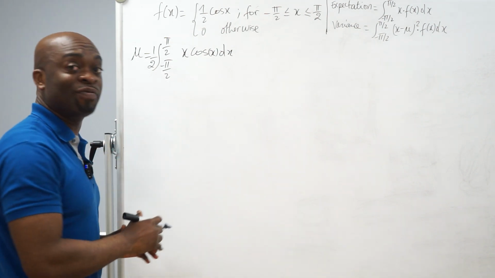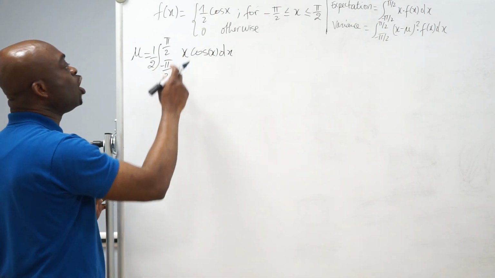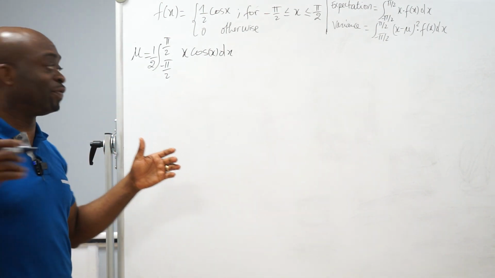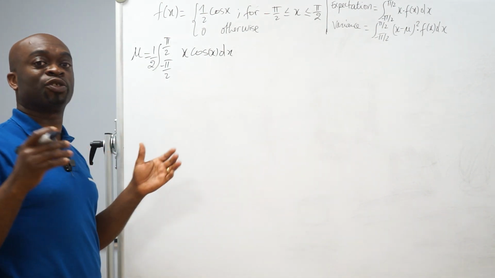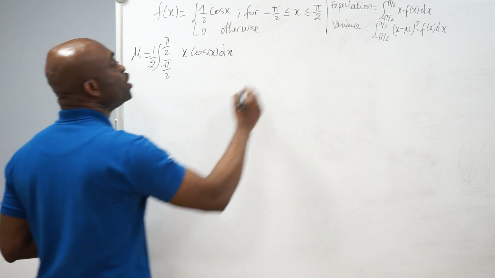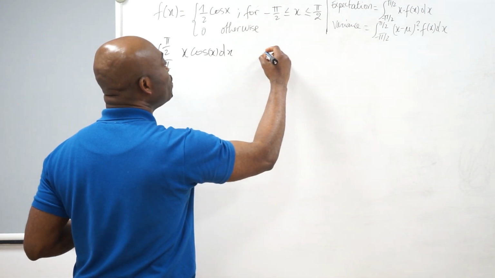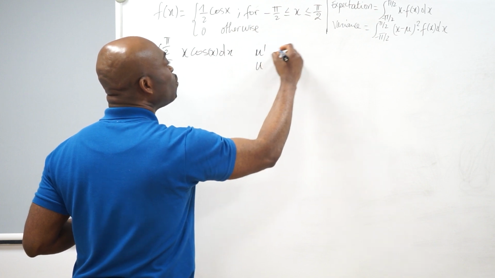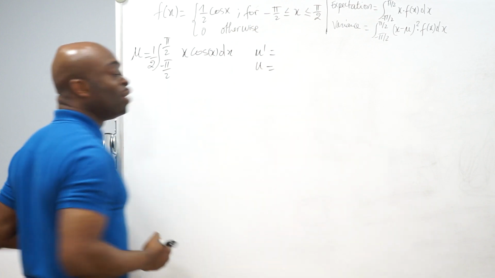Now, as we have this, what's going to happen? How do we solve for this one? We have integration by parts to do, x times cosine x. So we have to determine what is our u prime, what is our u, what is our v, and what is our v prime.